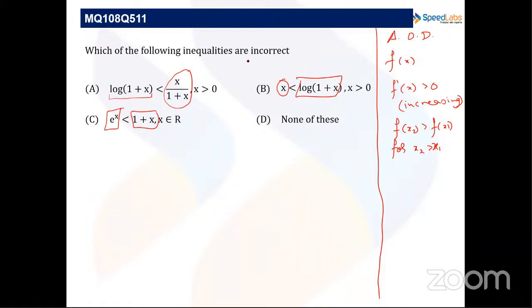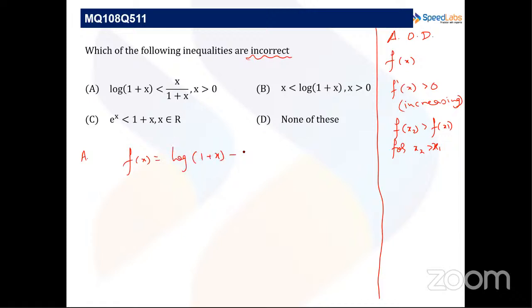Now let's check which of the following are incorrect. Let's check the first one. We have taken a function f(x) equals log(1 plus x) minus x upon 1 plus x. Now differentiating it, f dash x will be 1 upon 1 plus x minus... here instead of applying the divide rule, do one thing: plus 1 and minus 1, then you will get log(1 plus x) minus (1 plus x minus 1) upon 1 plus x.